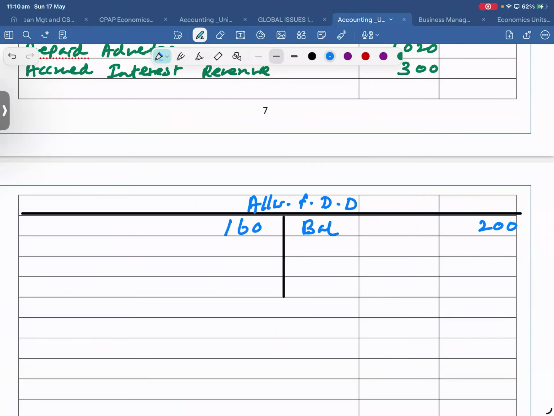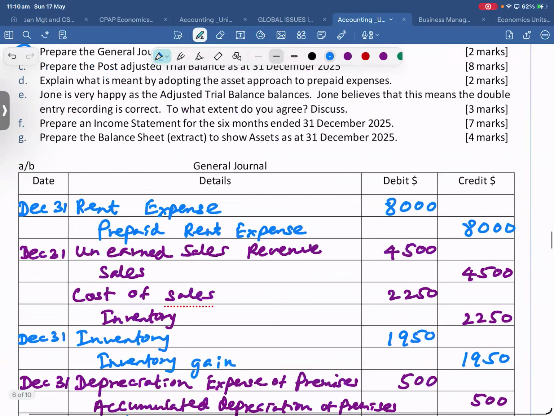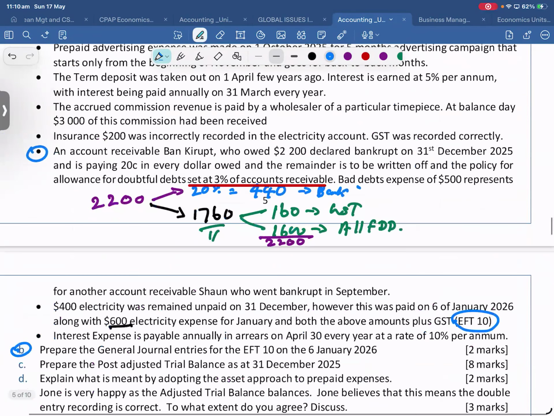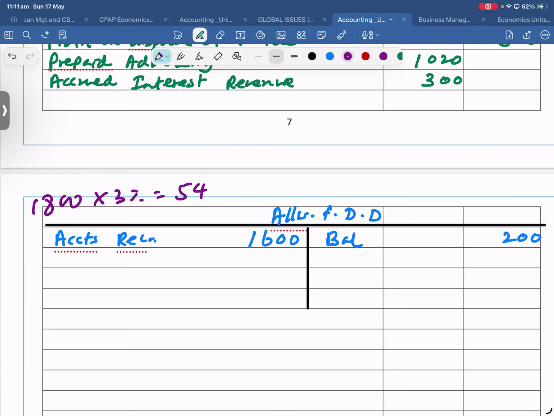How much was accounts receivable then? 4,000 should be subtracted by 2,200. Why? Because one man who owed 2,200 has gone bankrupt. So 1,800 now. Accounts receivable will be 1,800 only. So from 1,800 we have to calculate 3%. 1,800 times 3%, which is 54. Yep. It's 54 only.